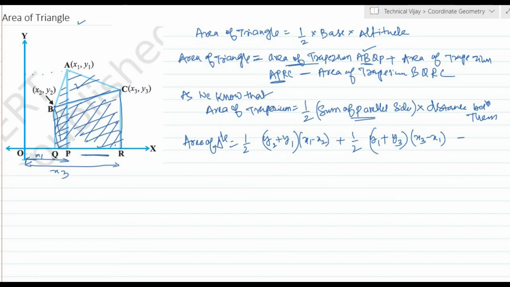Then minus the area of trapezium BQRC, that is half of y2 plus y3, into the distance between them, from Q to R. Q is x2 and R is x3, so the distance is x3 minus x2. This is the trapezium area.